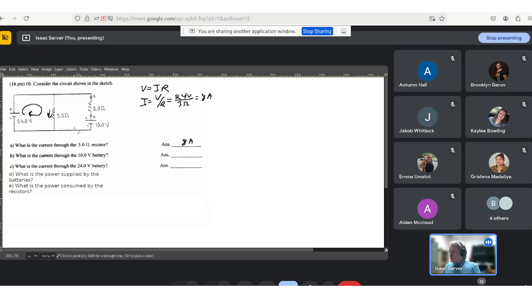If we have 24 volts here, that means we also have 24 volts here, but we have 10 volts across that. So between here and here, 24 minus 10 will be 14 volts.